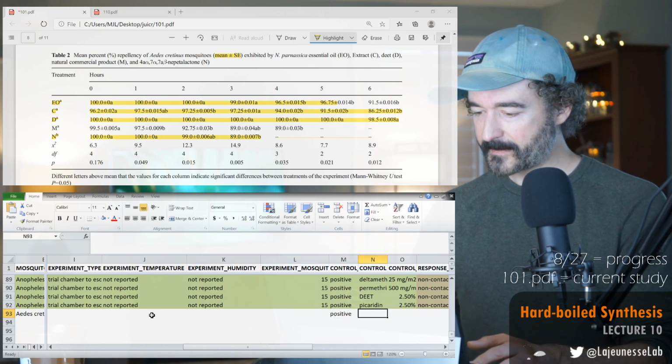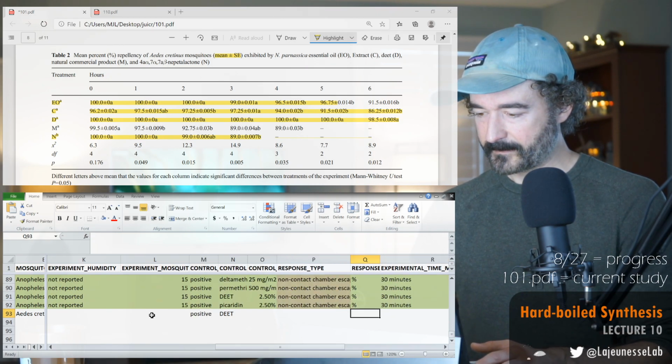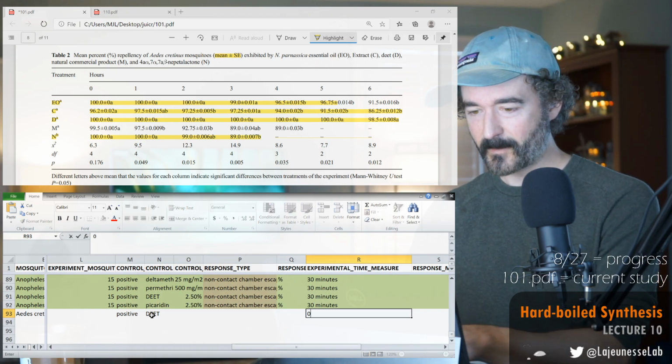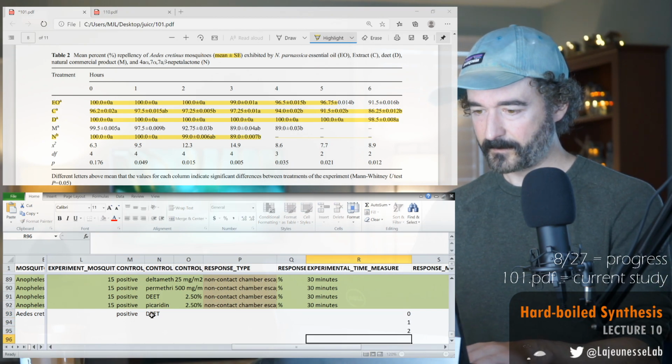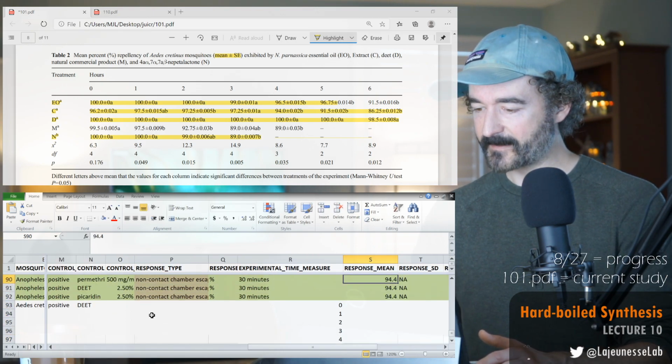I'm going to start with the positive control, which is DEET. And then we have a whole bunch of hours: 0, 1, 2, 3, 4, 5, 6. So that's 6 effect sizes.